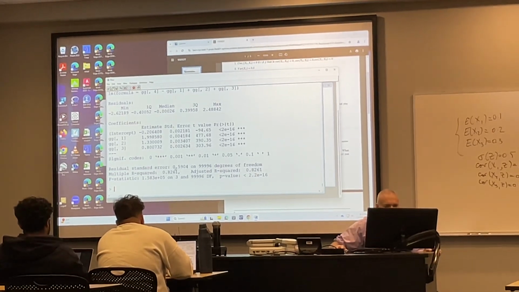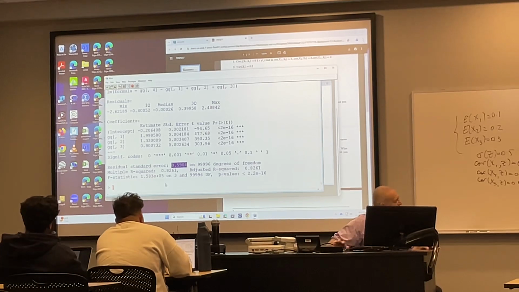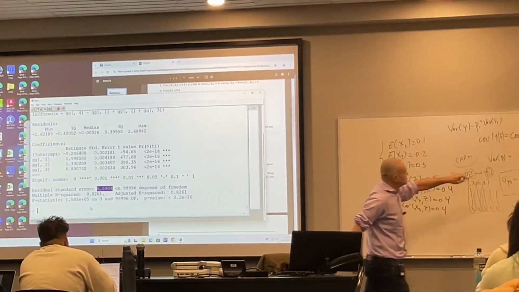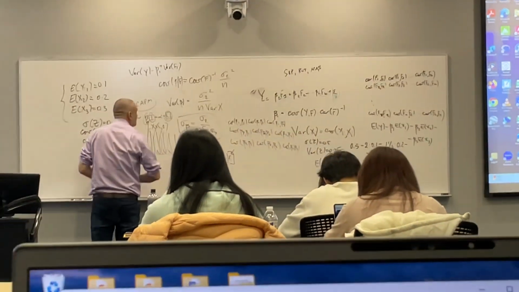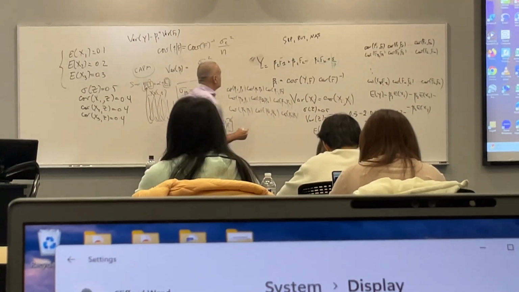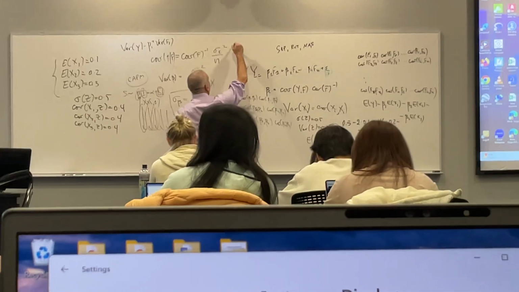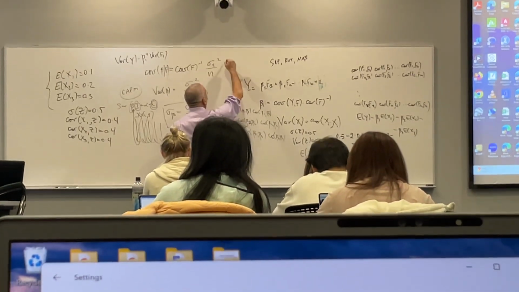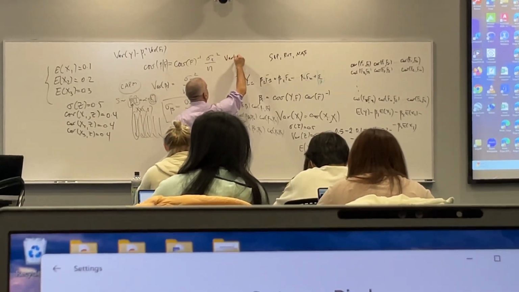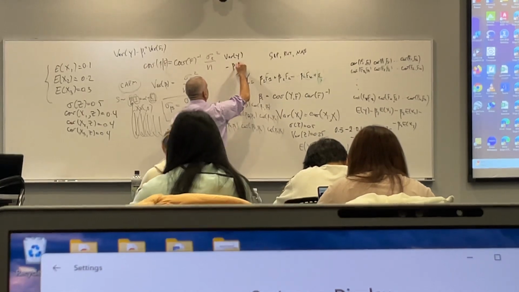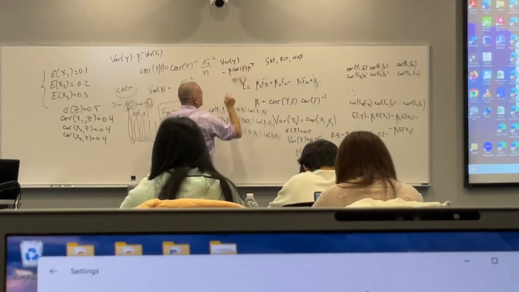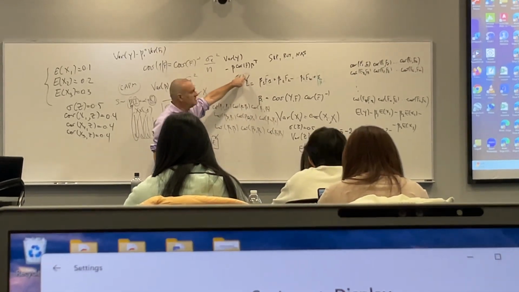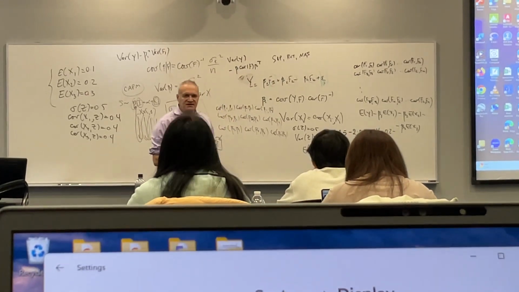So first of all, I need to find the residual standard error. How do I find the residual standard error? The formula, in a compact form, is the variance of y minus beta covariance of f beta transpose. This is a matrix multiplication.